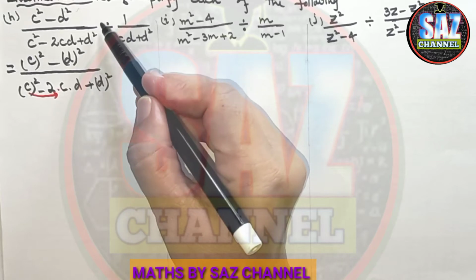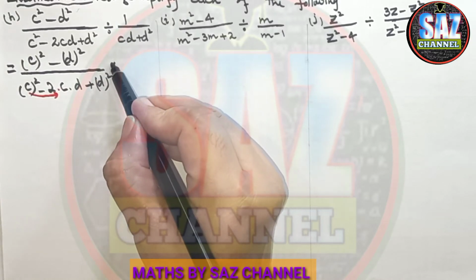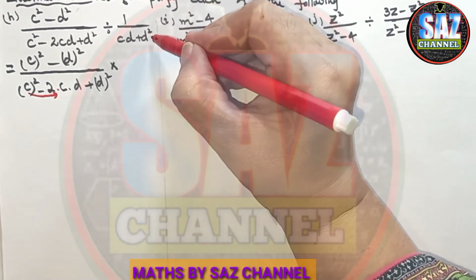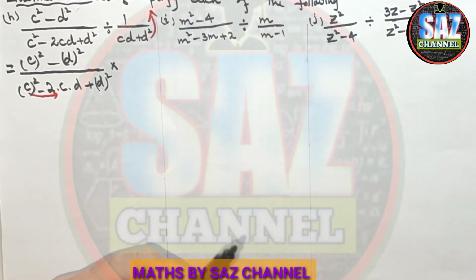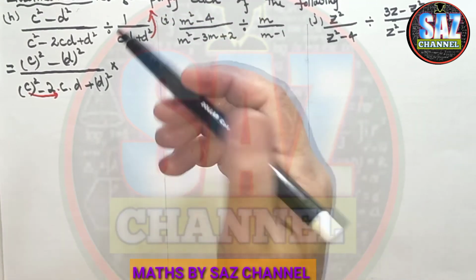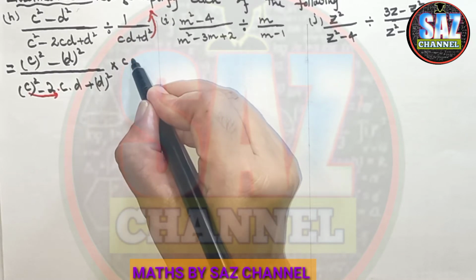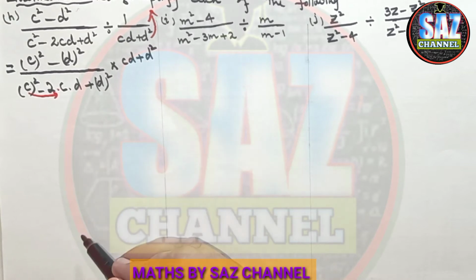Now we have to see that here we have the division sign, and this division sign will be changed into multiplication sign, and we have to take the reciprocal of the fraction which is after the division sign. Means my numerator will become denominator and denominator will become numerator. So the cd will come in numerator and it will be written like cd plus d square.